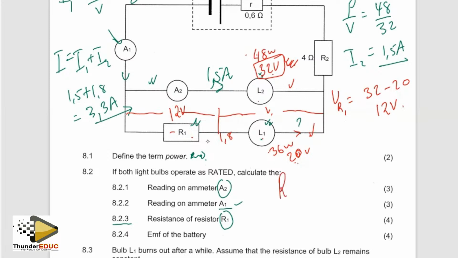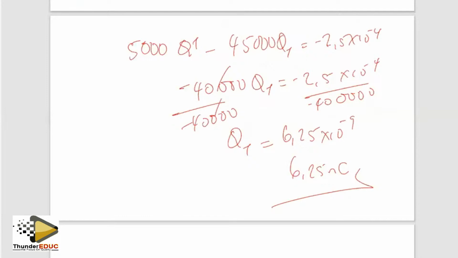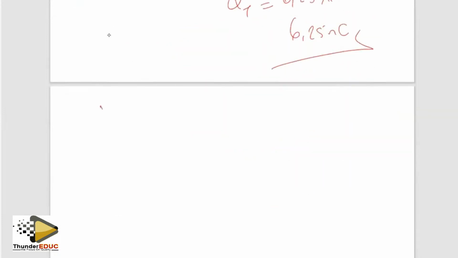So we can use 12 and 1.8 to get the value of R1. From Ohm's law, where V is equal to IR, we're looking for R, which is the voltage over the current. Our voltage is 12, our current is 1.8, so 12 divided by 1.8 gives me 6.67 ohms.